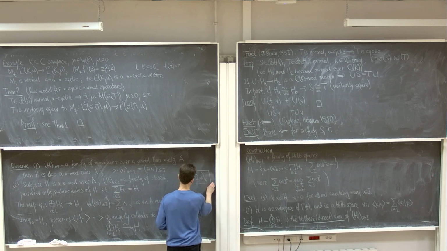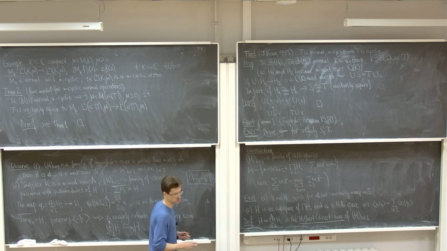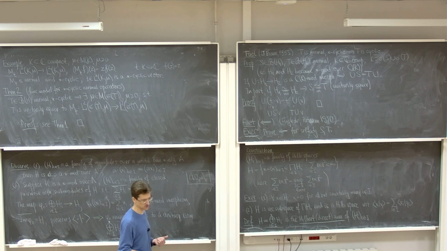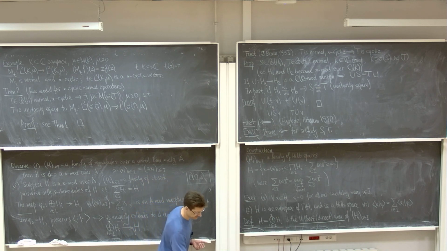This will be essentially the general form of a star module over a commutative C-star algebra. And as a corollary of this result, we will get a functional model for normal operators on the Hilbert space. Okay, thank you. So that's all for today.